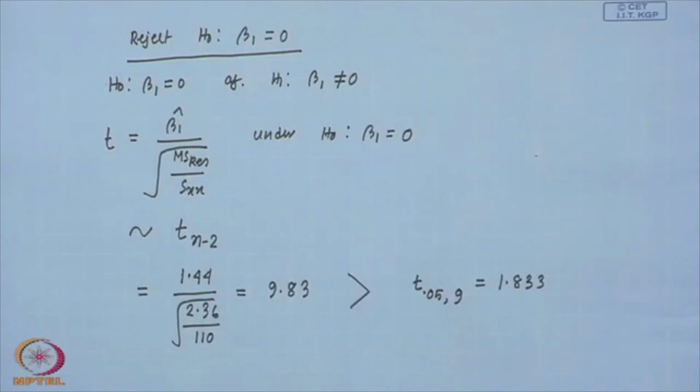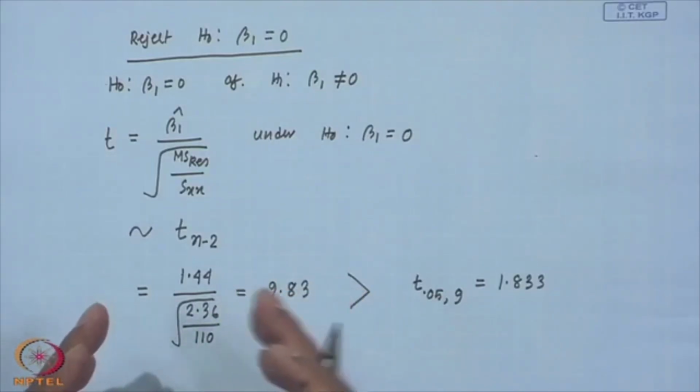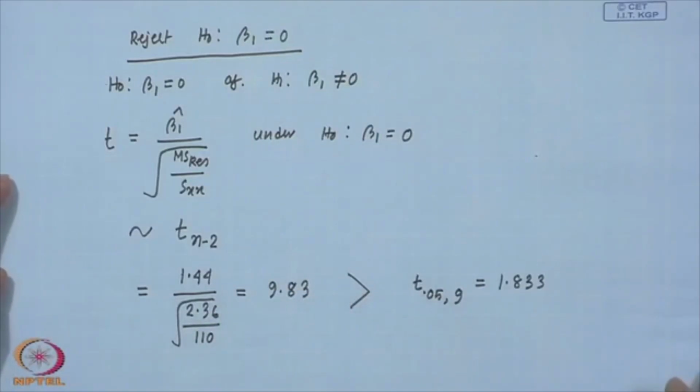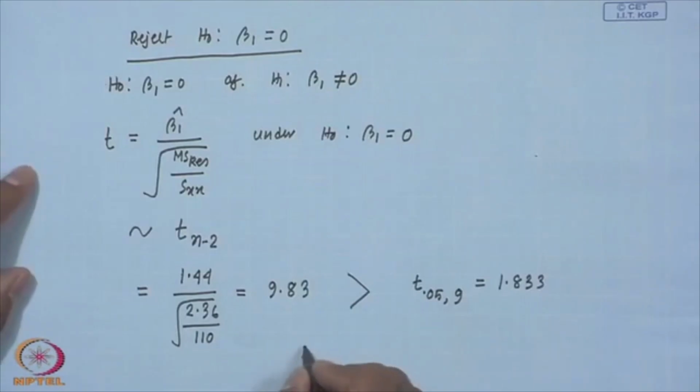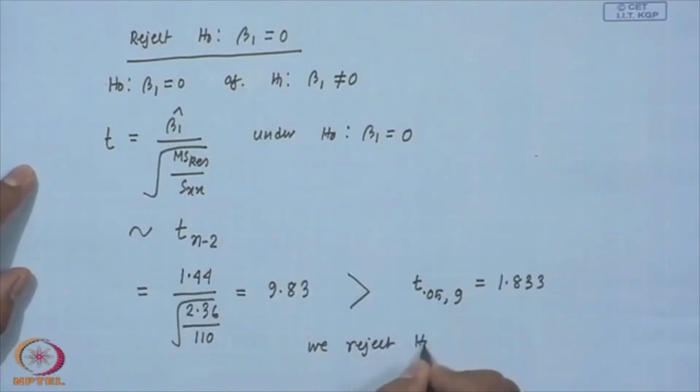And also in fact, F is equal to t square under the null hypothesis. Okay. So, here again the observed value is greater than the tabulated value. So, we reject H naught, that beta 1 is equal to 0.